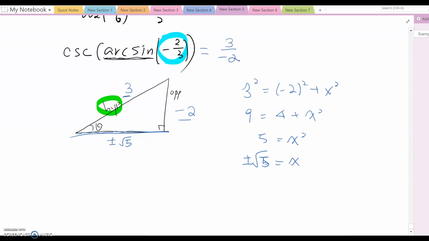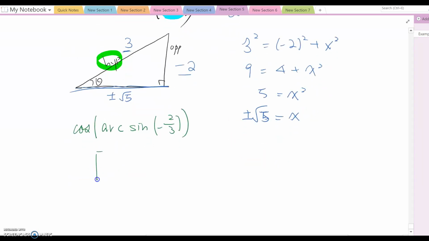However, if it was asked maybe cosine of arc sine of negative 2/3 like that, then you can generate two different answers, either root 5 over 3 or negative root 5 over 3, based on the quadrant value.